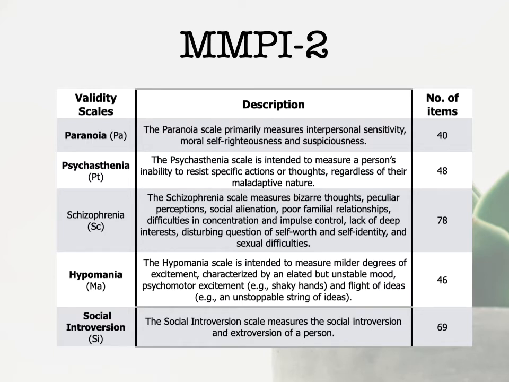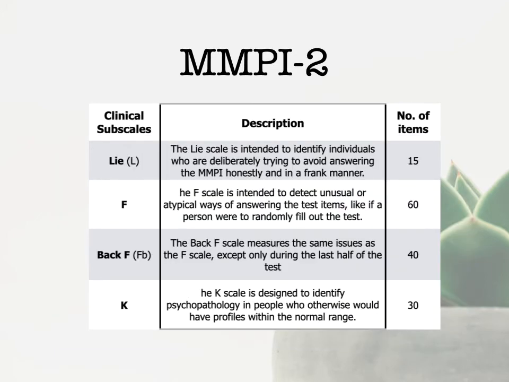Even if you score high on one of these, it's not necessarily the case that you already have the psychopathology or the clinical disorder. It will still be validated by other assessment tools before an expert can really say that you have a psychological disorder. These are also the 4 validity scales that the MMPI has.